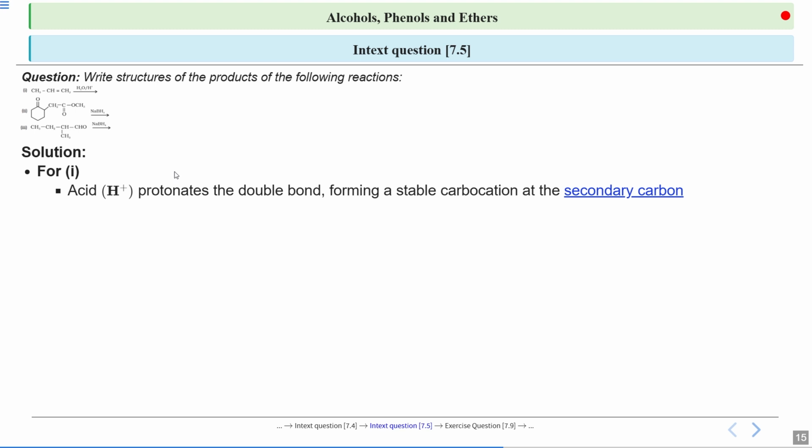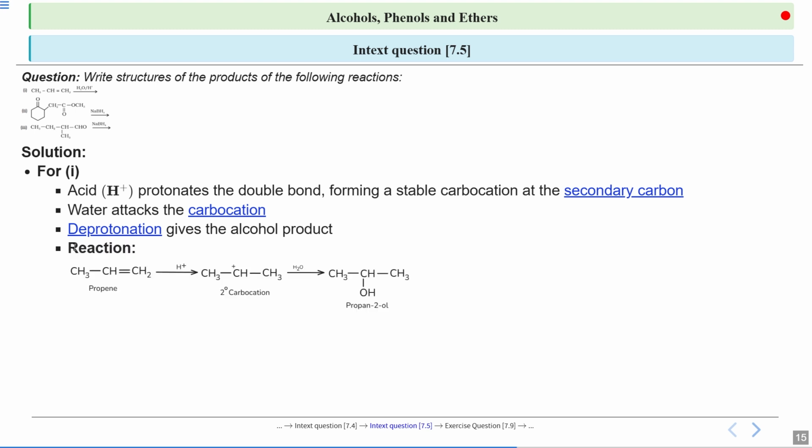And when it protonates your double bond, you will form a stable carbocation at the secondary carbon. Then the water will attack the carbocation, and then deprotonation will give the alcohol product. So these are the 3 steps that you need to follow for this particular question.